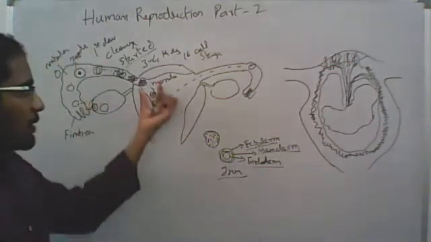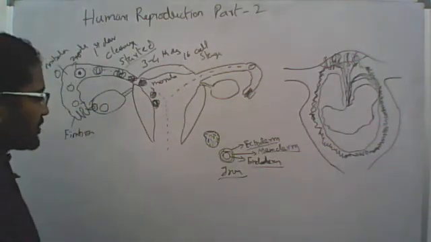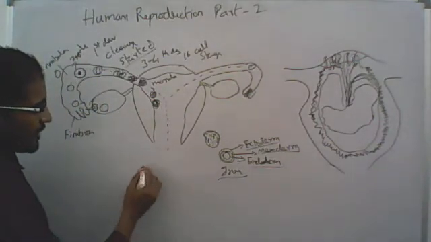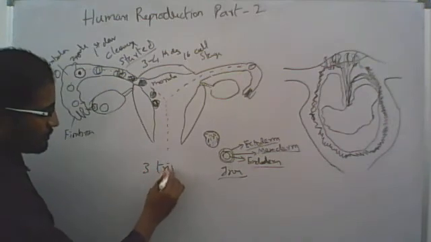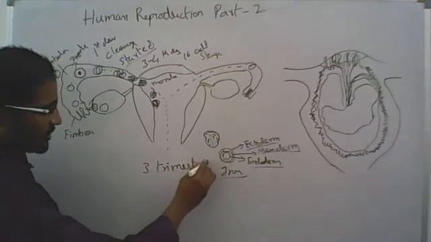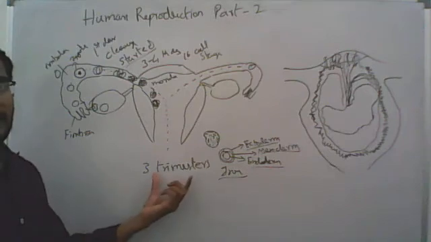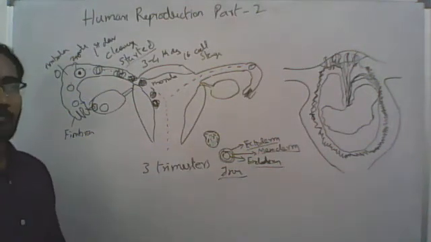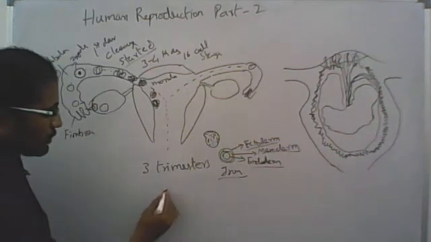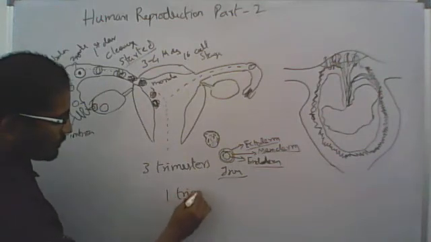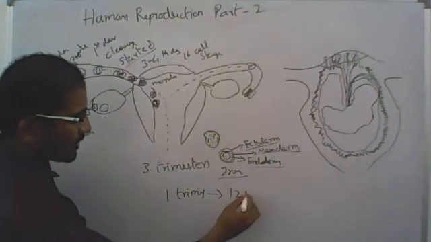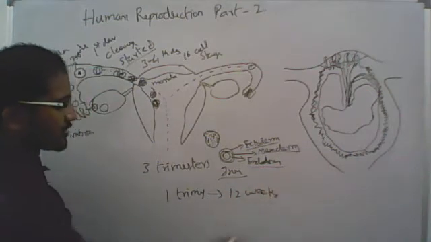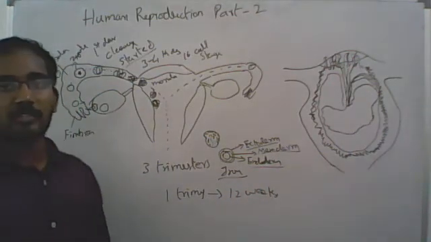Okay. So pregnancy is divided into three trimesters. Three trimesters. Each trimester has about 3 months, that means 12 weeks. So one trimester contains 12 weeks, just about 3 months.